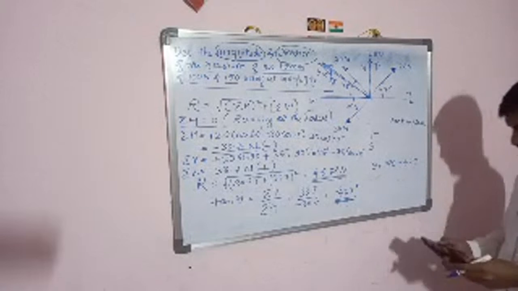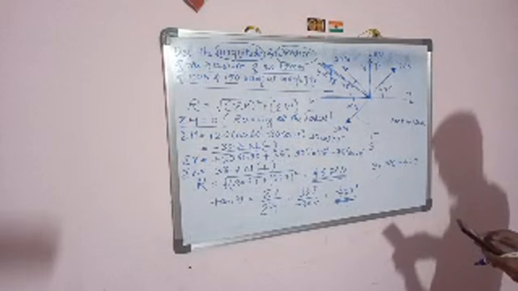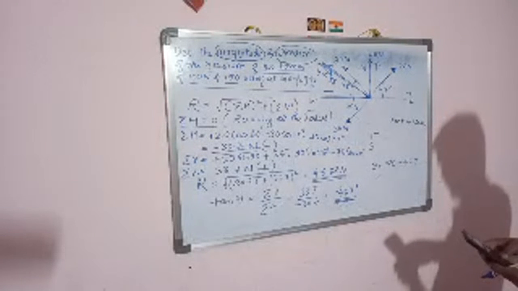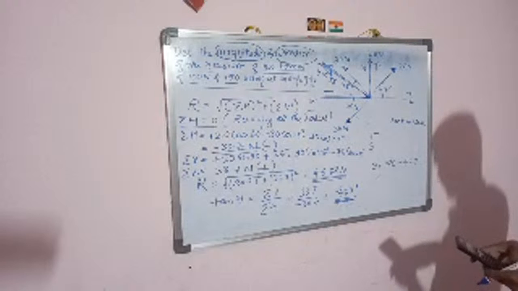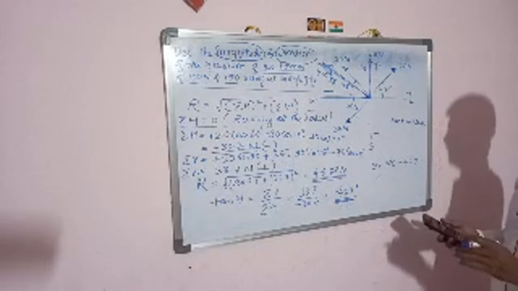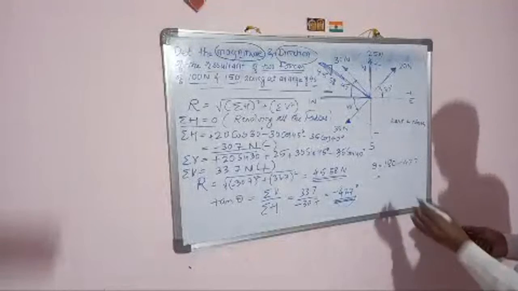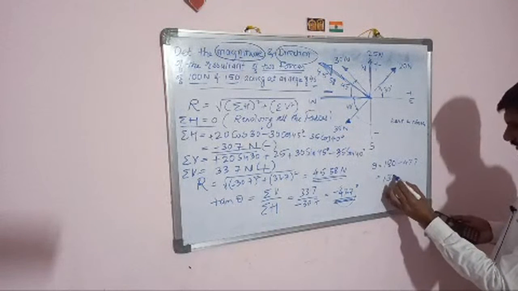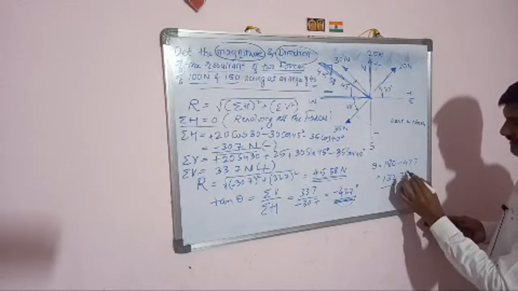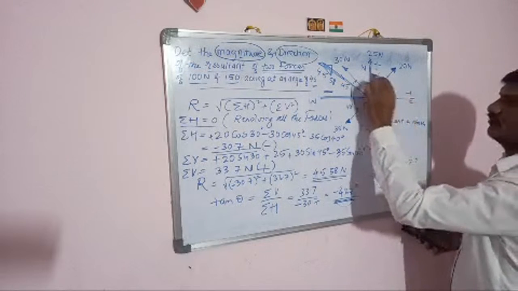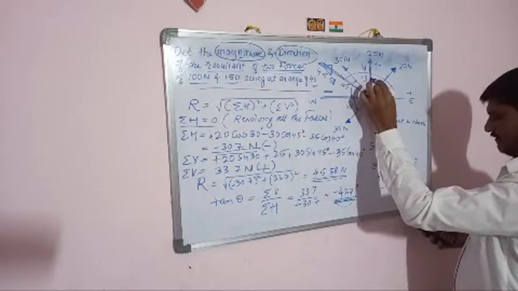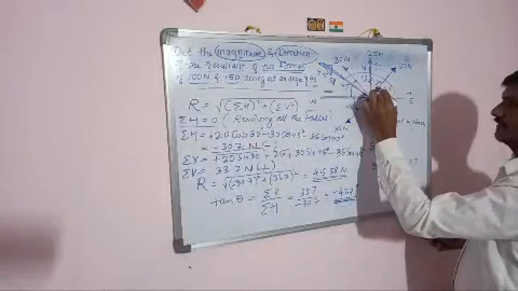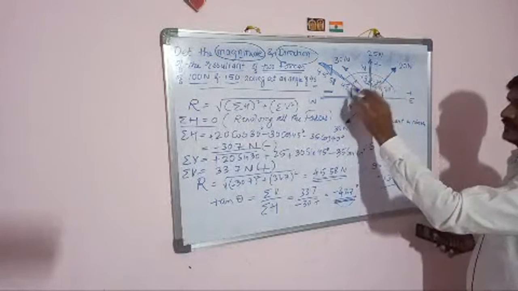So we will get 180 minus 47.7, so 132.3 degree. There is a theta, meaning from 0 to here, 132.3 degree at an angle of this.